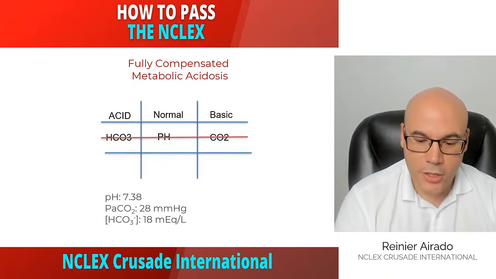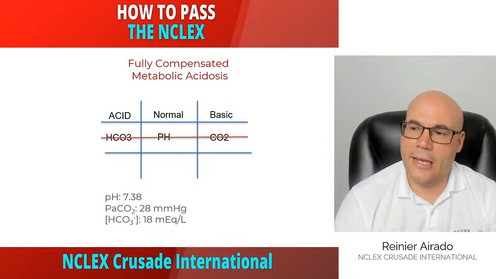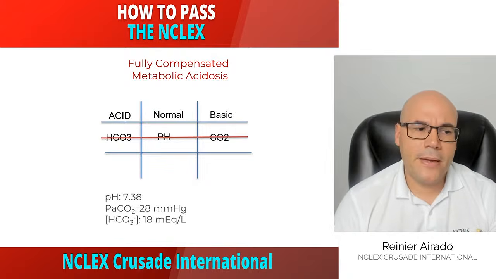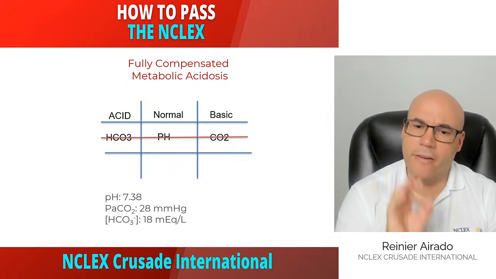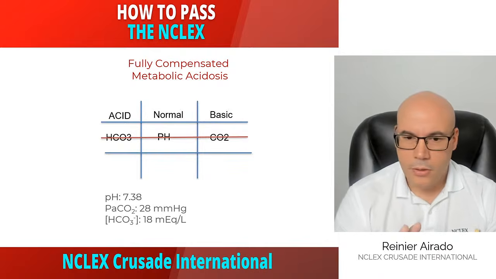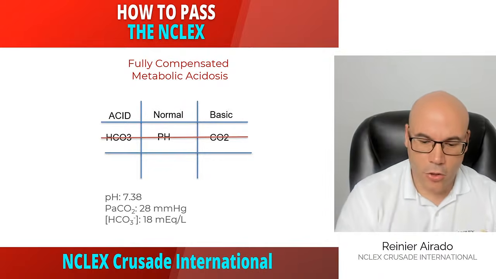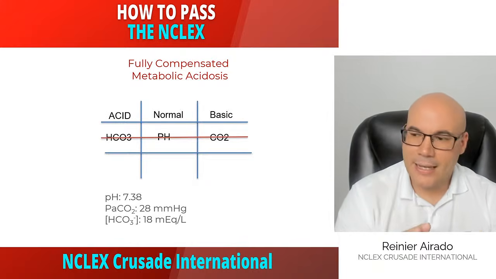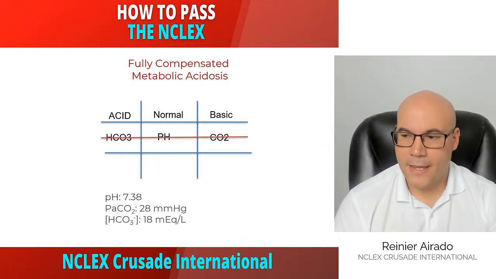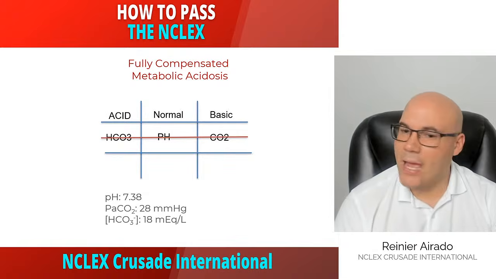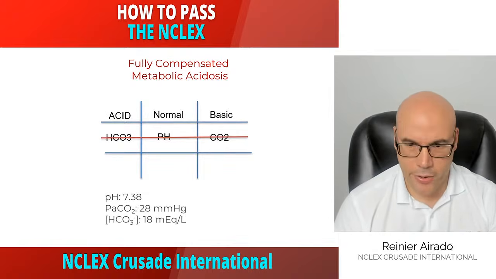Now, a question that you may think: Professor, what happens if the pH is 7.40? It is not more inclined towards one side or the other, it's exactly 7.40. In the NCLEX, they will not give you that scenario.